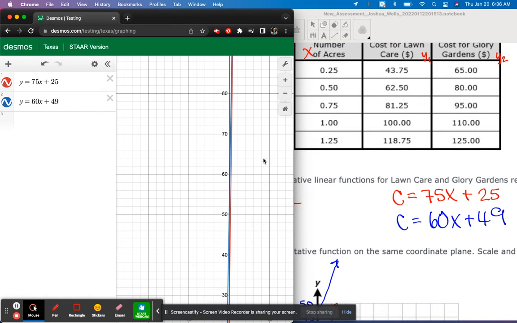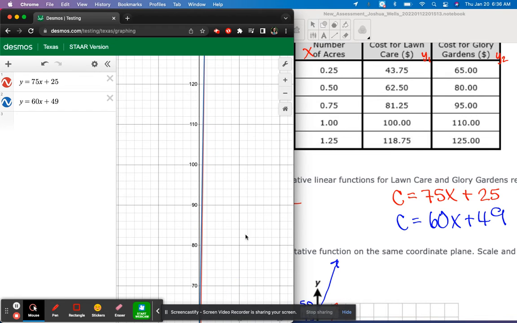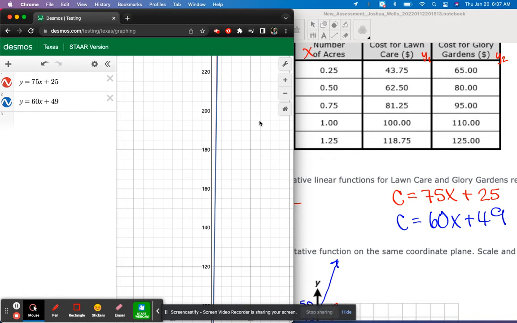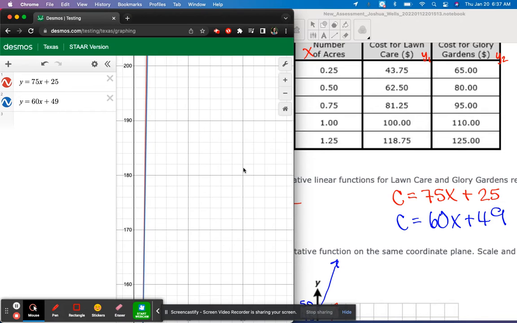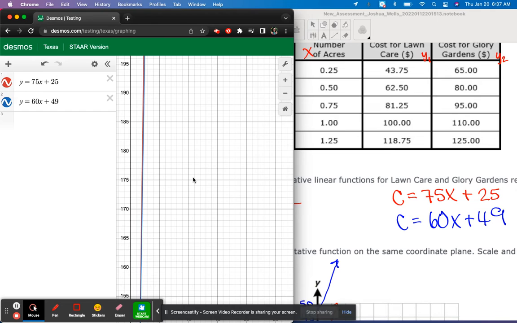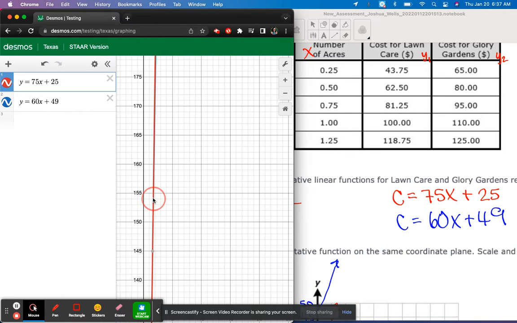And again, it's kind of hard to see because these graphs are so close together. Oh, right here. So the two graphs intersect at 1.6, 45.